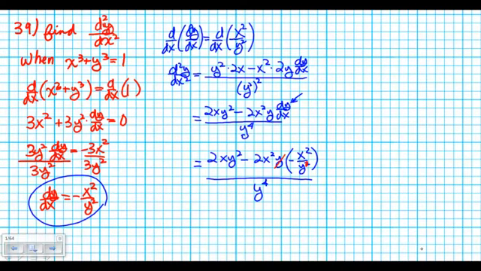And now what we end up having is a big fraction, but we have a fraction within a fraction. I don't like that arrangement, so I'm going to rewrite. Let's pull this 1 over y to the fourth out, and now I've got a common denominator problem with the remaining stuff.